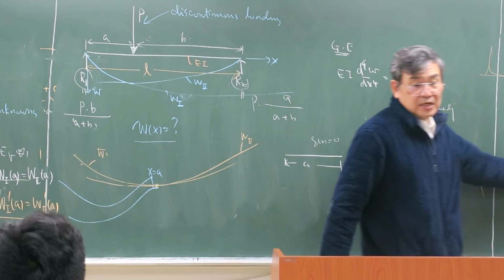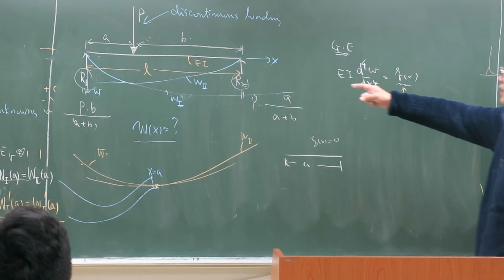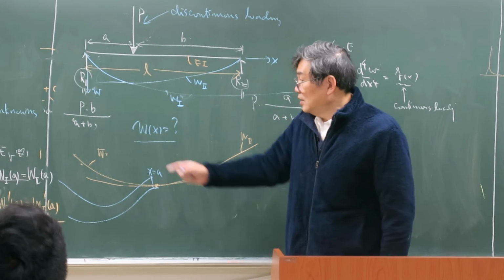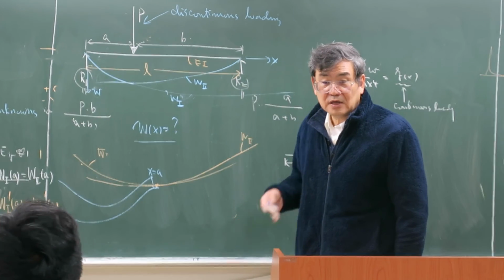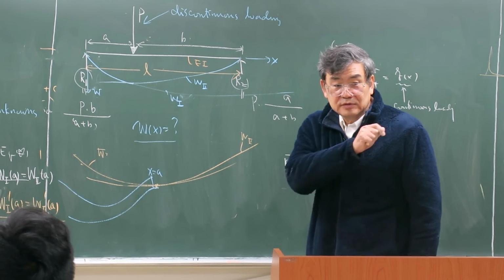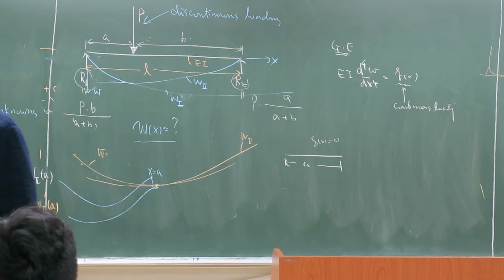That will be easier, and I only need to solve 4 unknowns. But this way of solving discontinuous loading is too time consuming. So now we are going to teach a new method: use one expression and do the integration directly. Let's look at the half-range function.